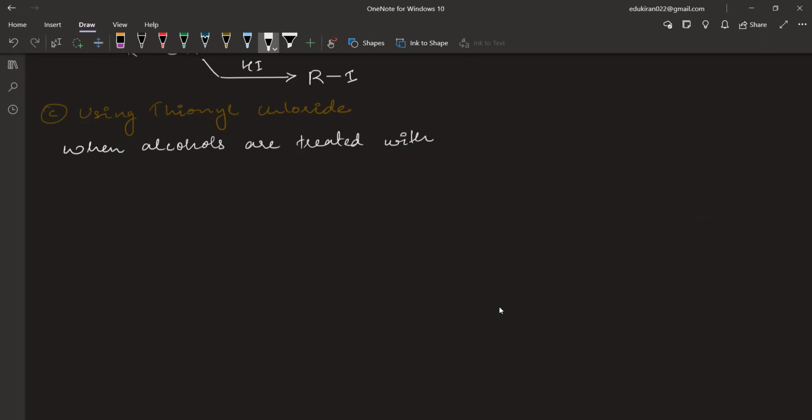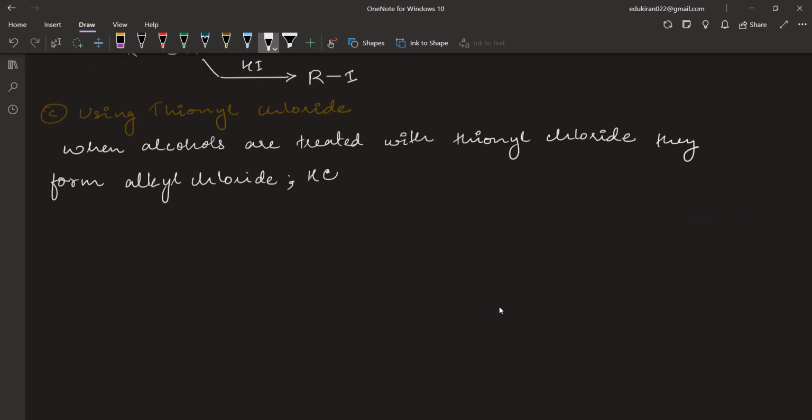When alcohols are treated with thionyl chloride, they form alkyl chloride, HCl, and SO2. Okay, so as you can see now, the byproducts are important.